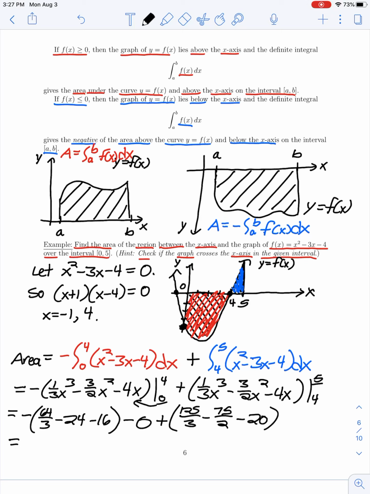So, combining like terms, it's a little tedious here, but we could use a common denominator of 6, and then this expression can be reduced down to 43 over 2. So this would be the area of that shaded region of interest.